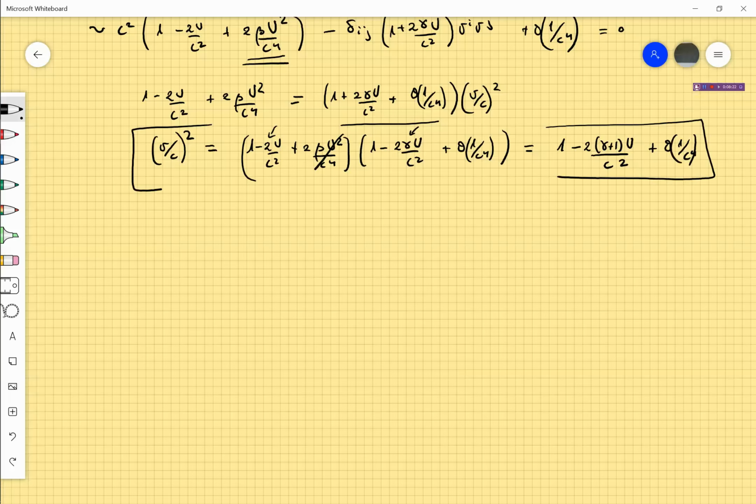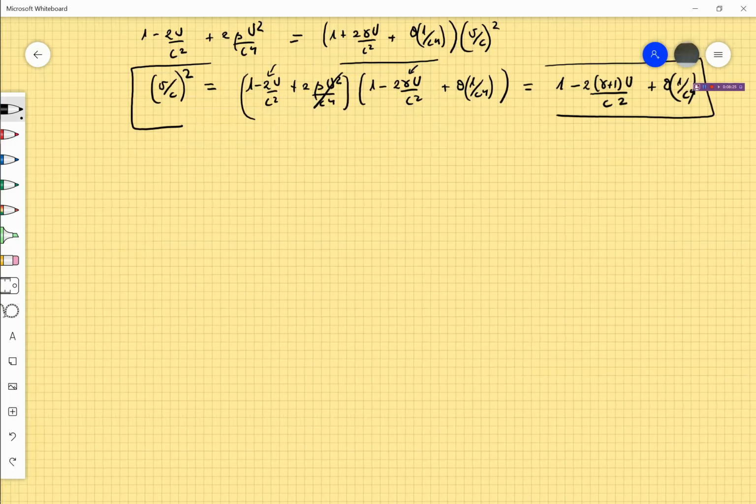So now that we have found the absolute value of the velocity, we can express the velocity as v^i divided by v, obviously.